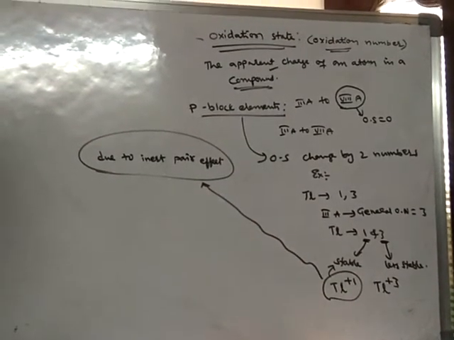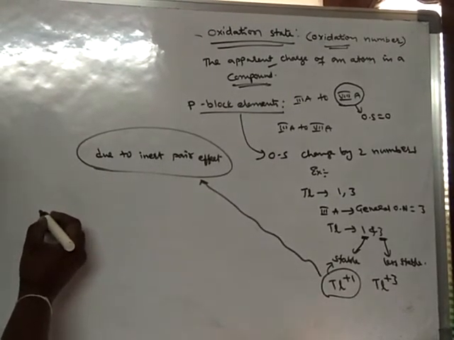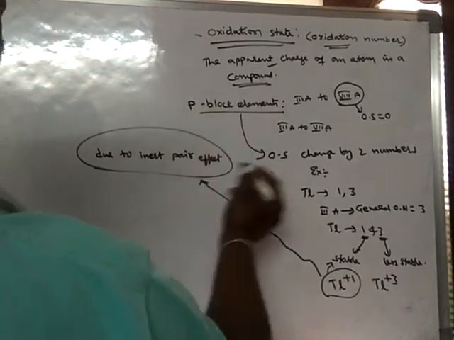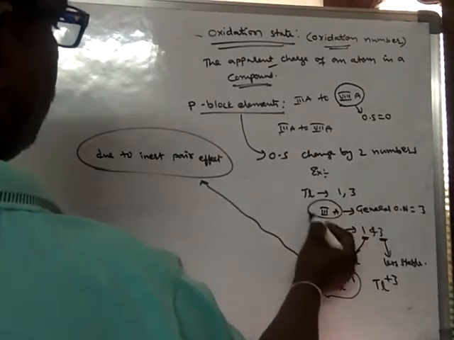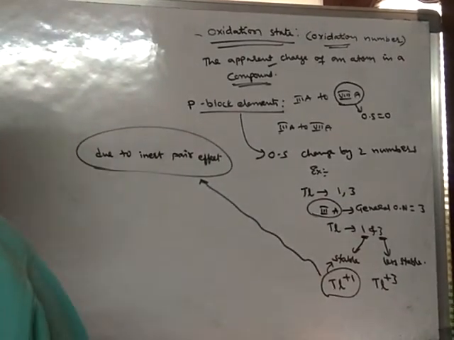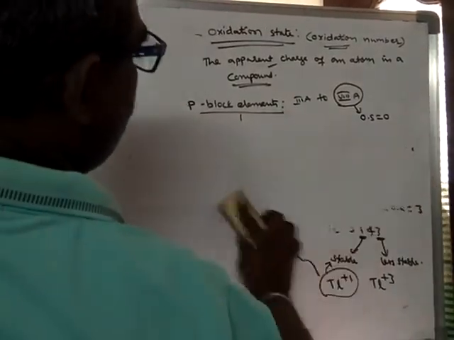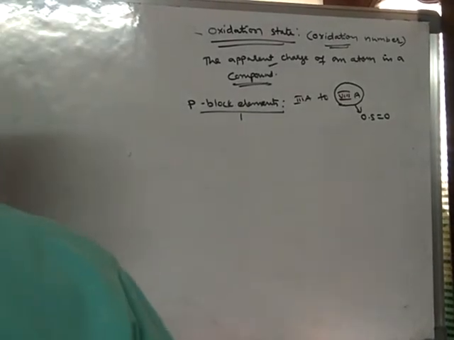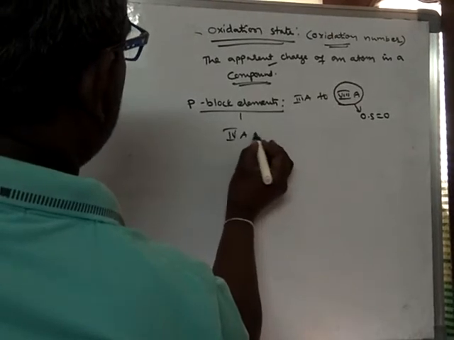In the same way, if you take fourth A group, we are speaking about P block elements, third A to 7th A. Third A we have seen. Now let us see the oxidation number in fourth A group.